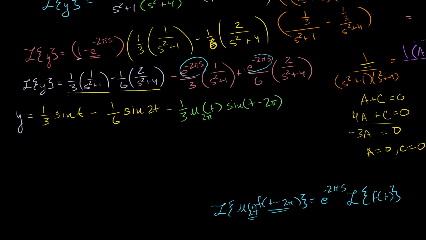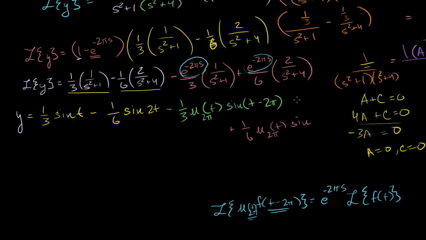And then we're almost done. Almost done. I'll do it in magenta to celebrate it. Plus this very last term, which is 1/6 times the unit step function, 2 pi of t, the unit step function that steps up at 2 pi, times sine of, and we have to be careful here.